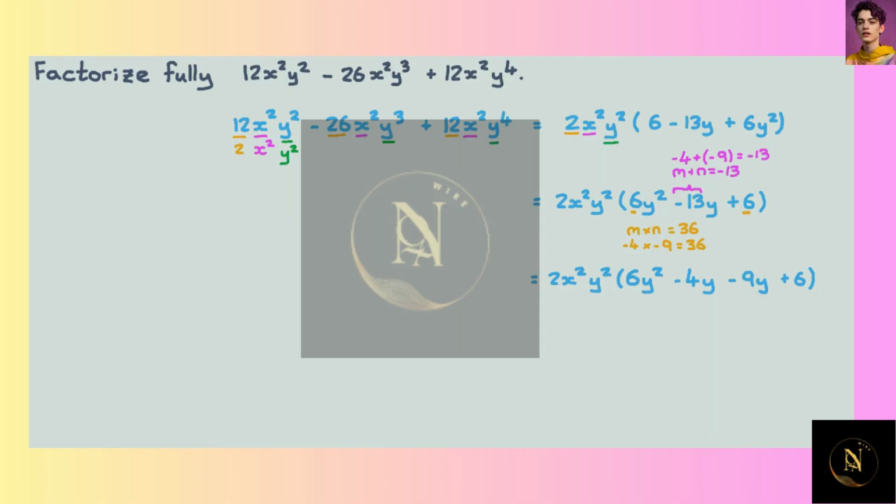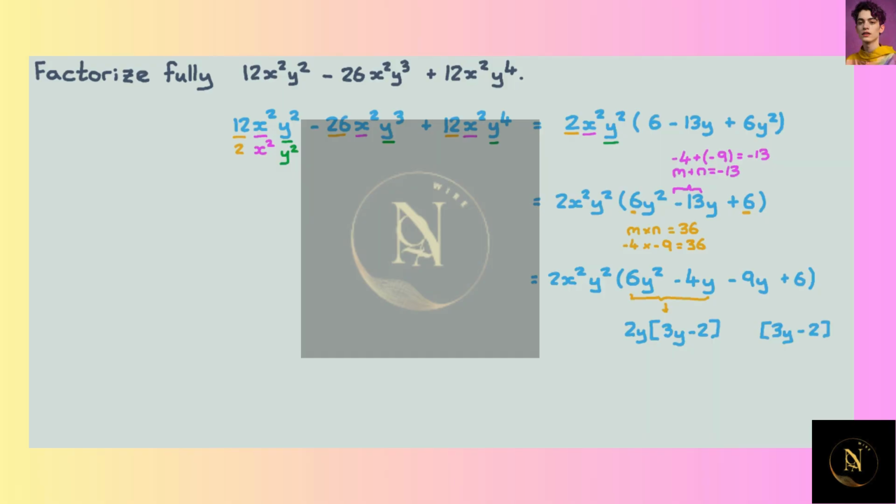We want to factor 2x squared y squared multiplied by 6y squared minus 4y minus 9y plus 6. We now factor each pair of terms separately. We can take a factor of 2y out of the first two terms to get 2y times 3y minus 2.